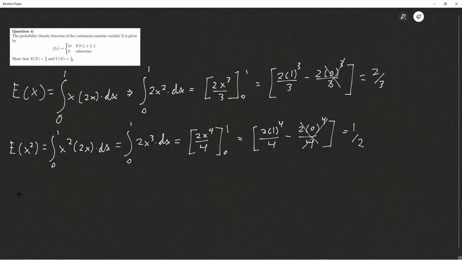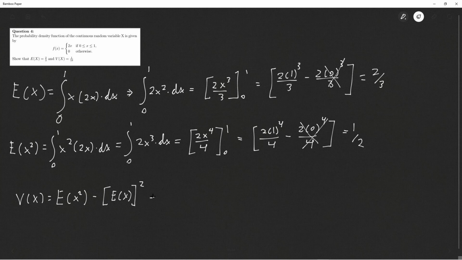Now, for our final step, which is finding the variance, we need to state what the formula is, which is E of x squared minus E of x, all squared.